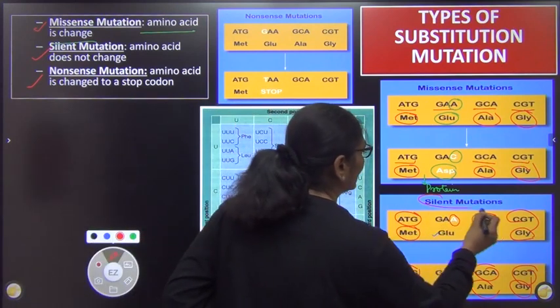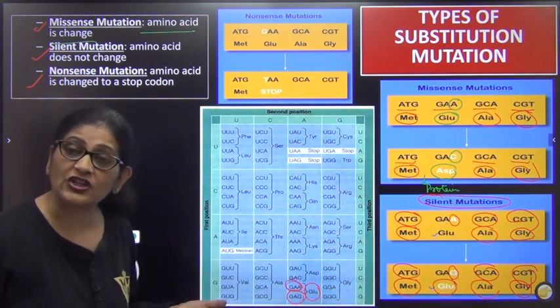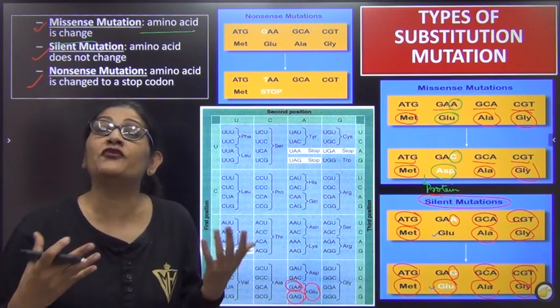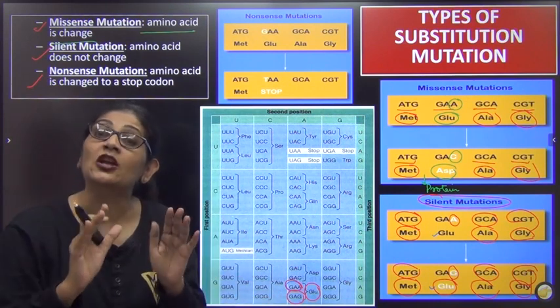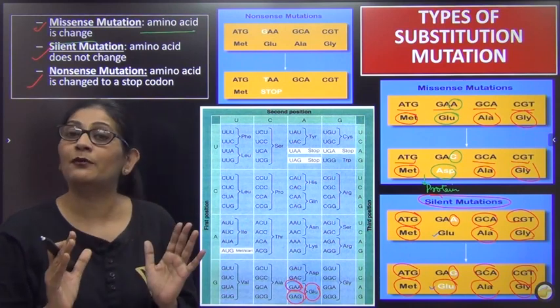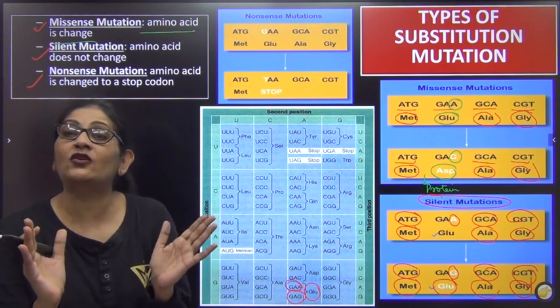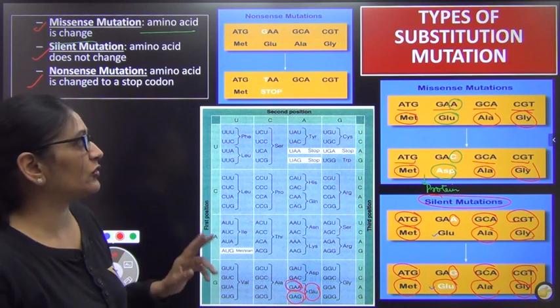We call it as silent mutation. Why? Because though mutation has taken place, it has no phenotypic expression, it is silent. Mutation हुआ लेकिन हमारे बॉडी में उसका कोई असर नहीं हुआ, so we call this as silent mutation.